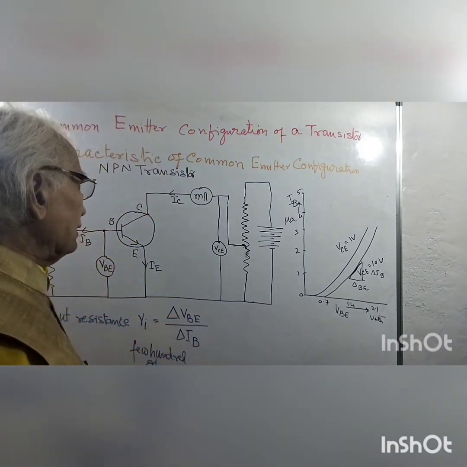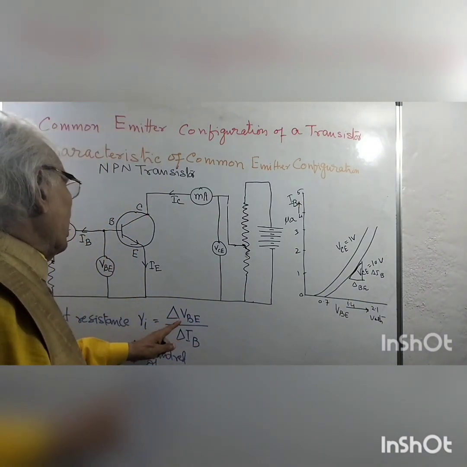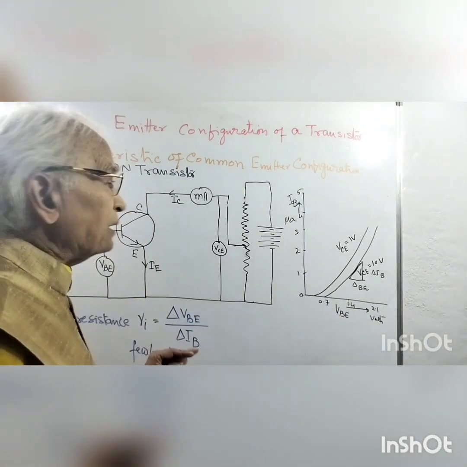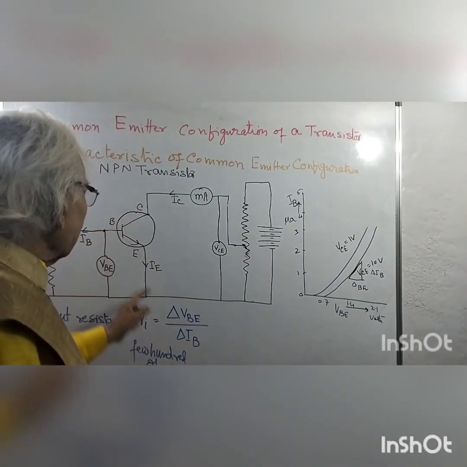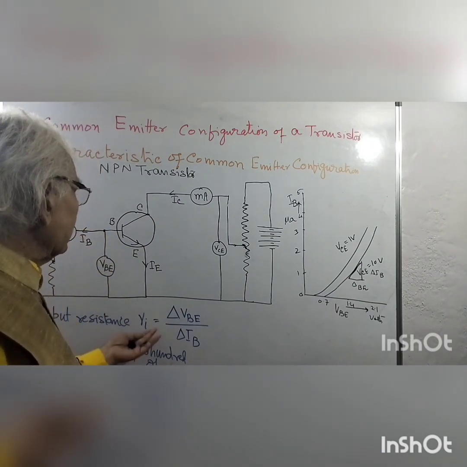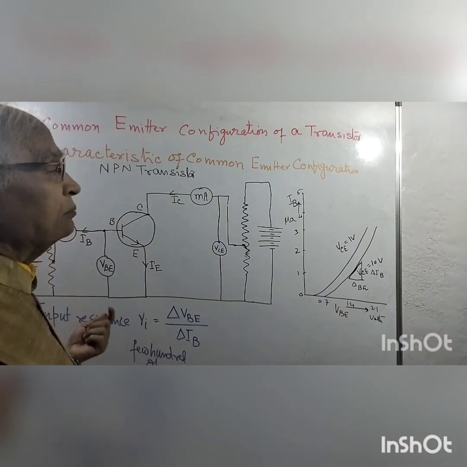And remember we define this because it is voltage over current, so the units are of resistance. So this is defined as the input resistance Ri, and the value of Ri is a few hundred ohms.